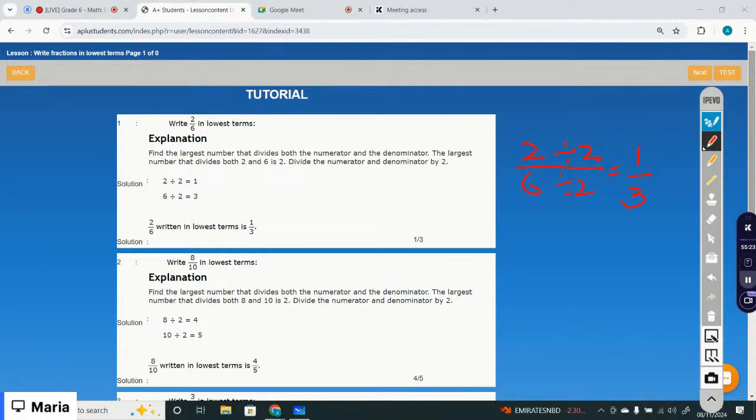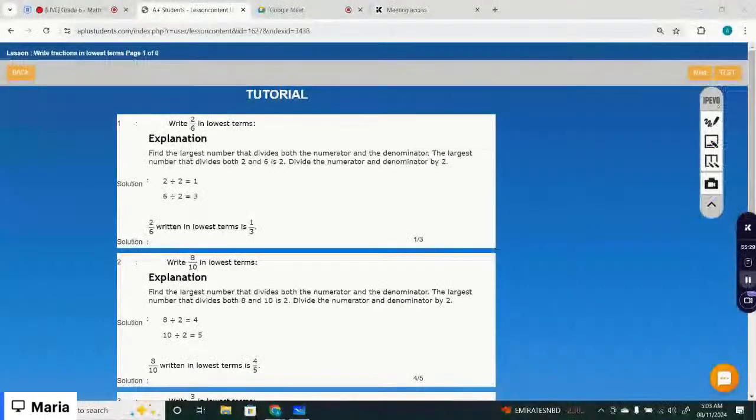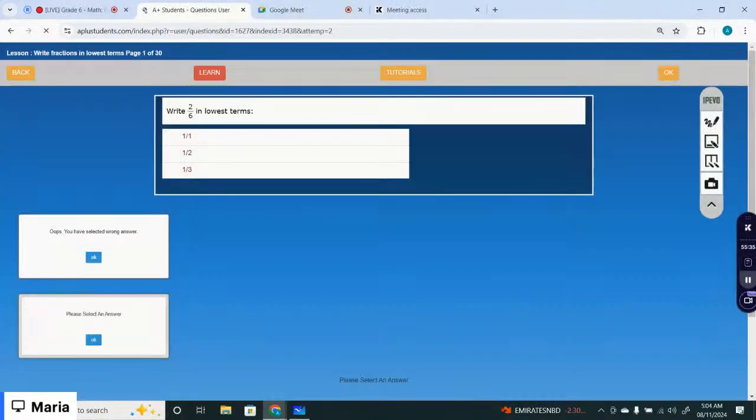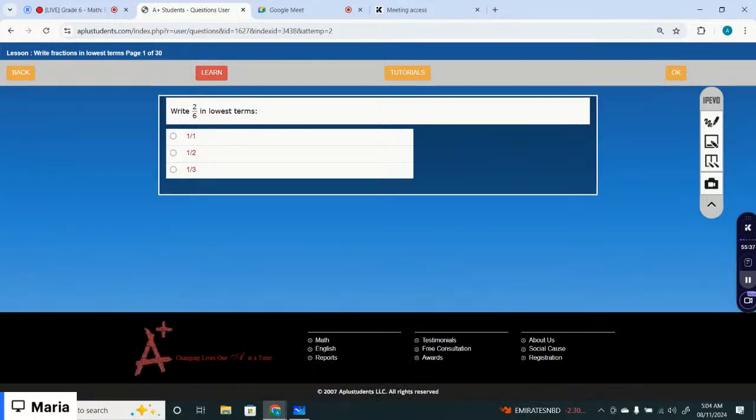So let's just start with the test question. Let's see how we write the fractions in the lowest terms. Write 2 by 6 in lowest terms. So which is the correct option?